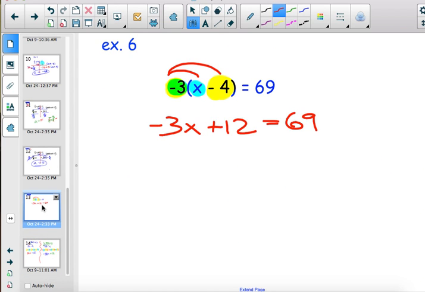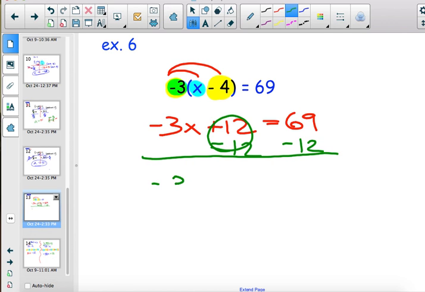Go ahead. What's my first step, Sean? I distributed it. First step would be to subtract 12 on both sides. Good. This zeroes out. You're left with negative 3x equals, this is going to be 57.